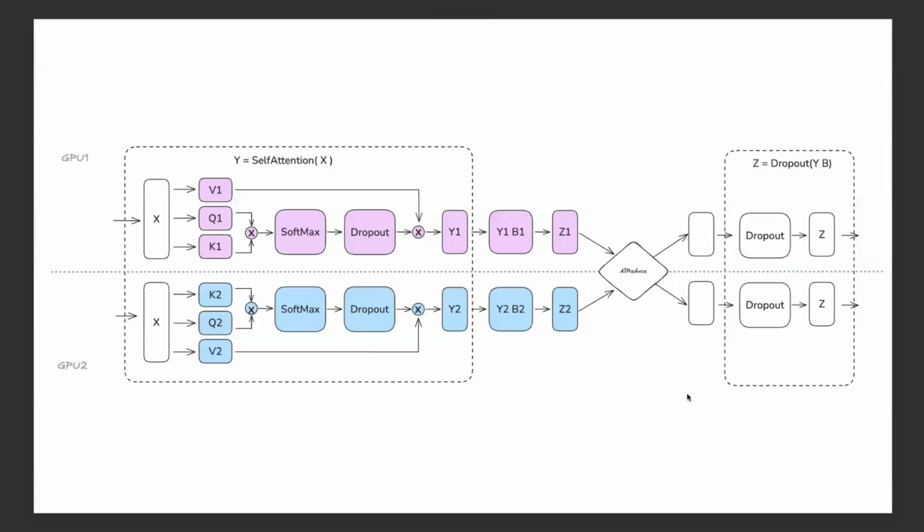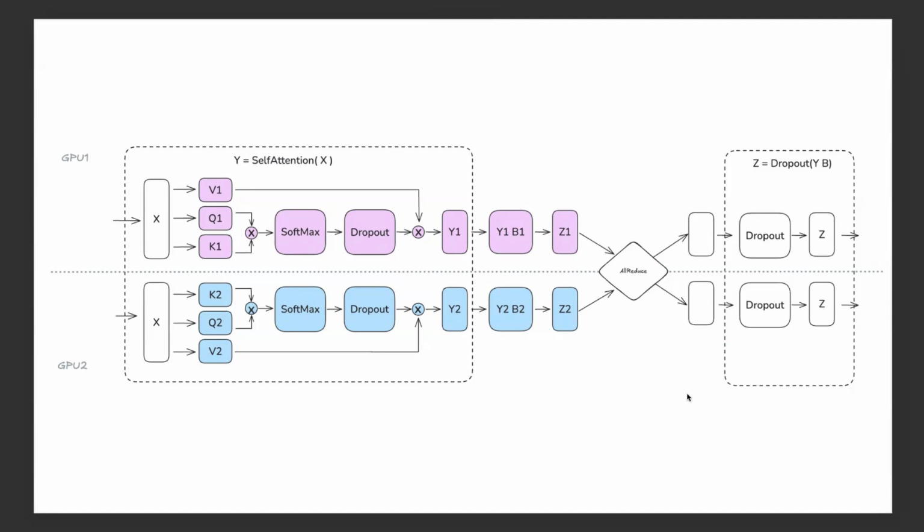Now, regarding the attention mechanism, it's basically the same idea. When we have multiple attention heads, we get a non-square matrix. If we split it column-wise, we can imagine that we calculate self-attention only for a single head.